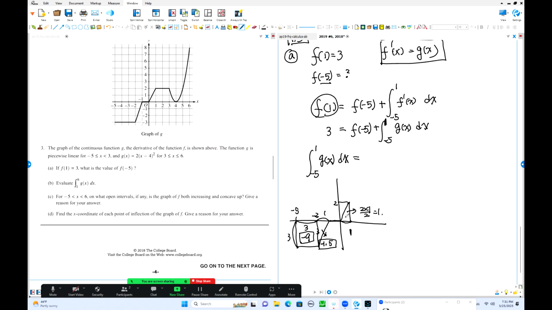This area is positive 1. What is the total area? Negative 9 minus 1.5 plus 1: negative 10.5 plus 1 is negative 9.5.